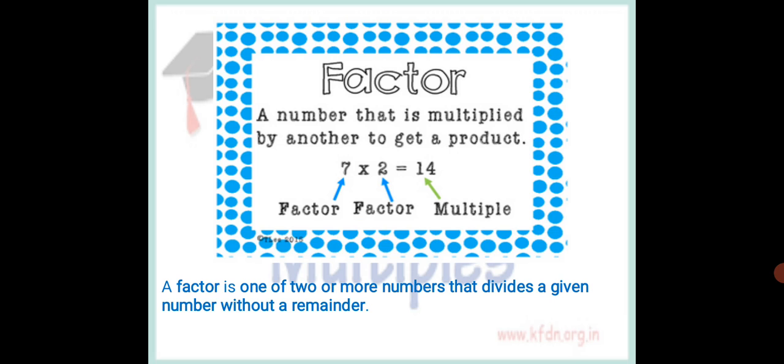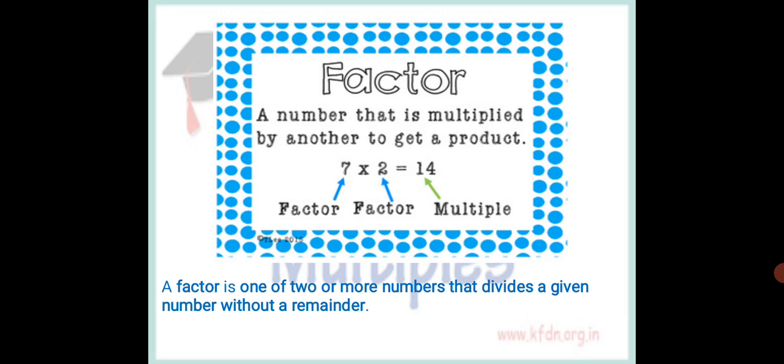Now, come to the point factor. What is a factor? Definition of a factor. A factor is multiplied by another to get a product. Example, 7 twos are 14.